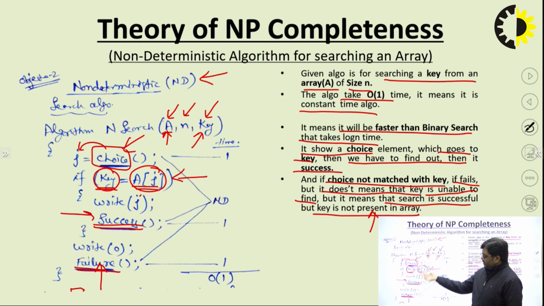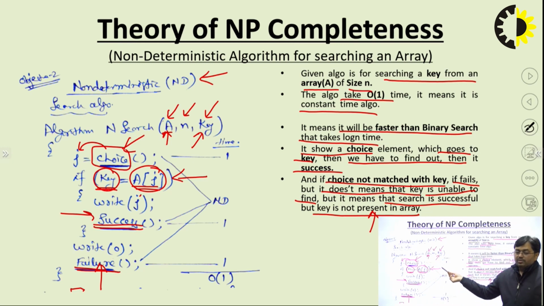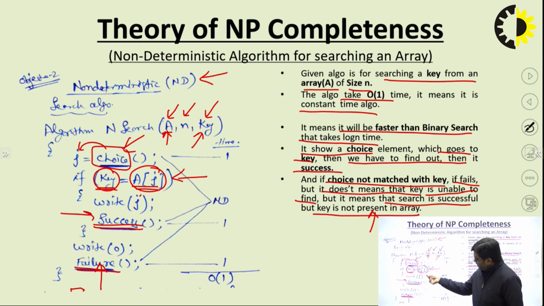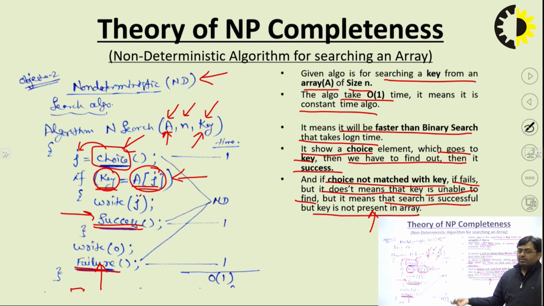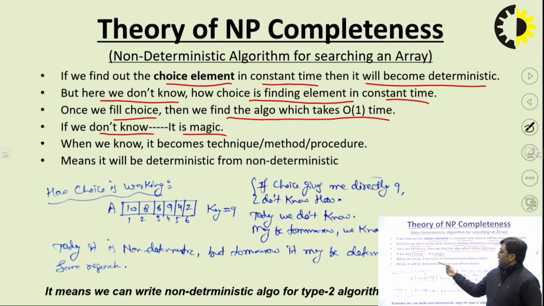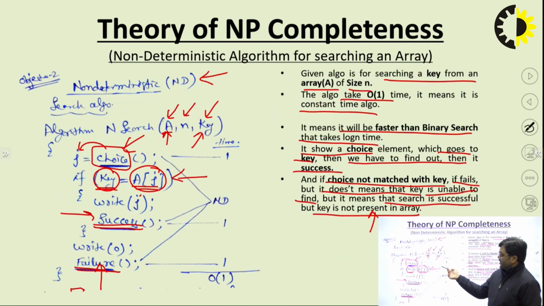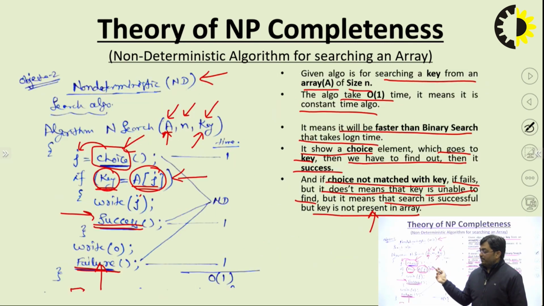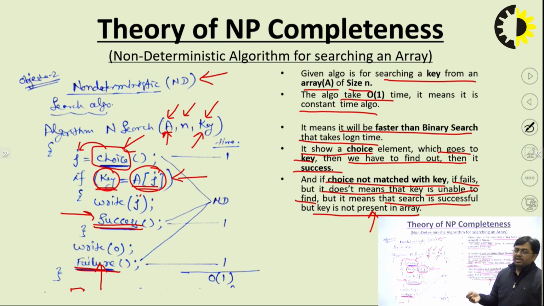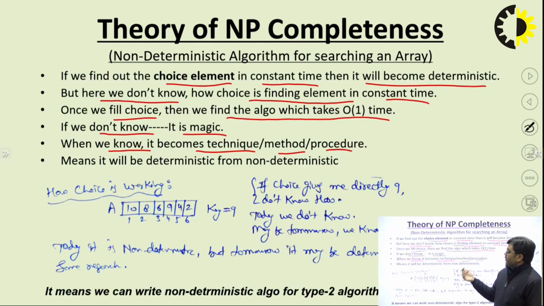In this procedure we don't know how choice is working, and if it successfully searches a key, it is called magic only. And when we know, it becomes a technique, method or procedure. If some researcher gives the procedure for the choice element, then we replace the choice with that procedure and it will become a technique, method and procedure.